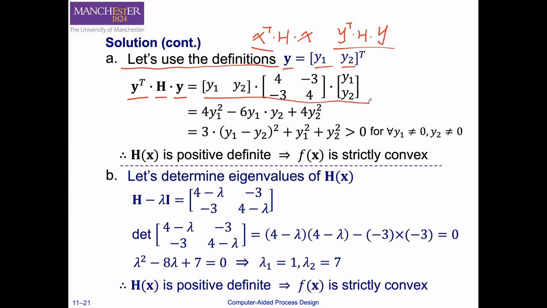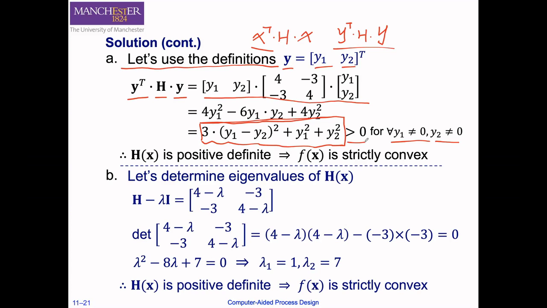As we mentioned previously, this term is a scalar, so then we can get the value for this term. By arranging this term, then we can get this one. As the vector y is not equal to 0, that means y1 and y2 are not equal to 0 at the same time. Then this term is always positive.